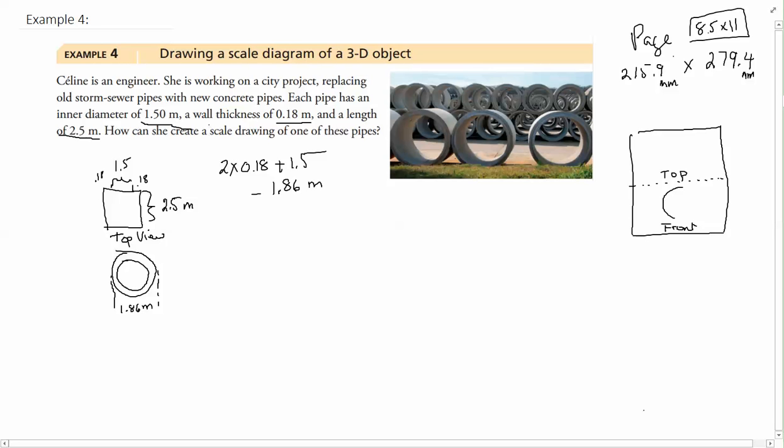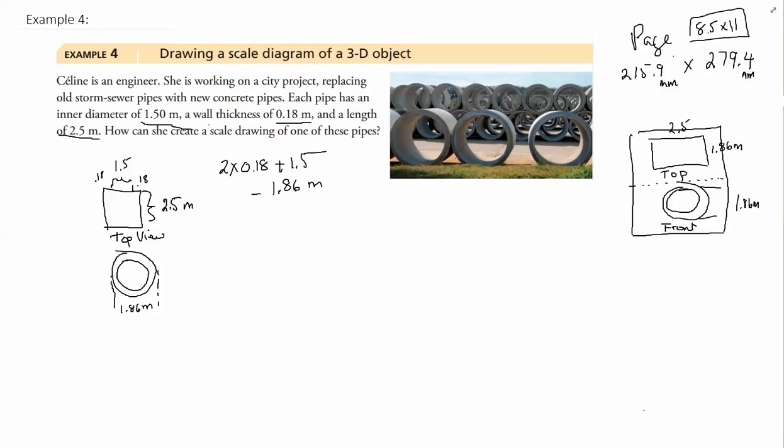And so the question is, can I fit the 2.5 like this and the 1.86 meters this way, because essentially I have 1.86 meters twice when I do that top view like that. So I want to see what scale is going to be best.